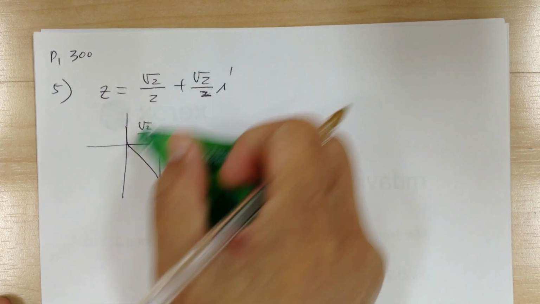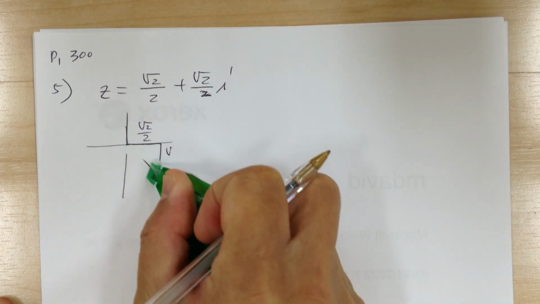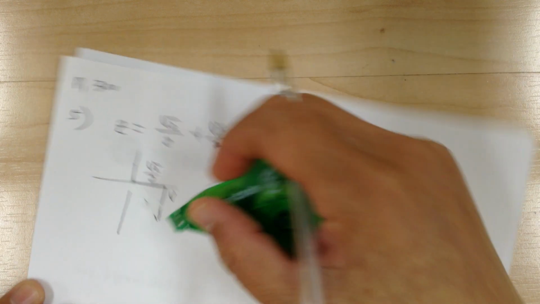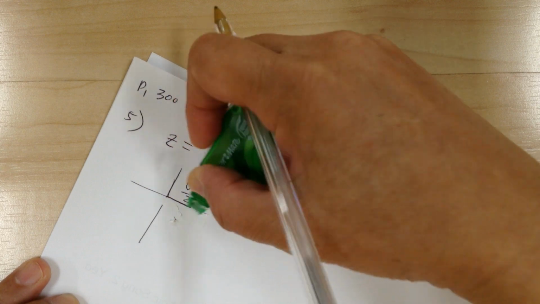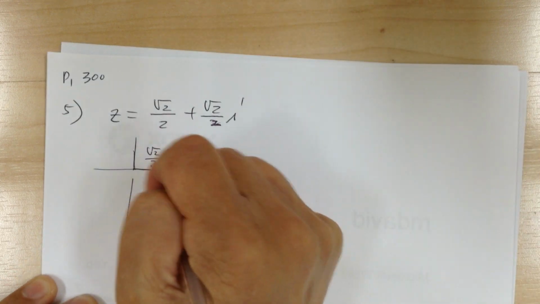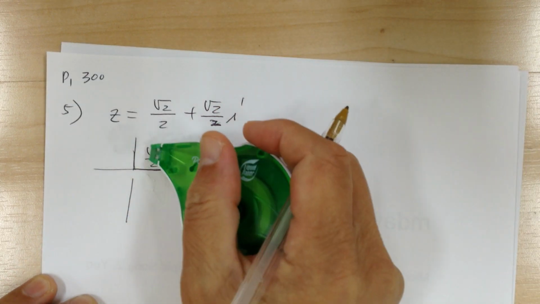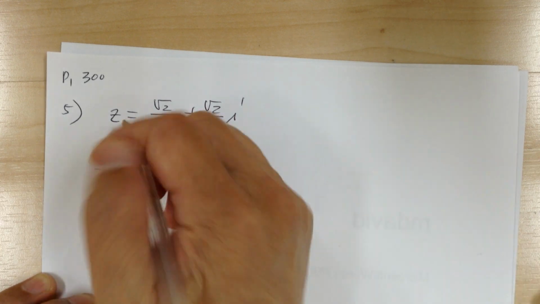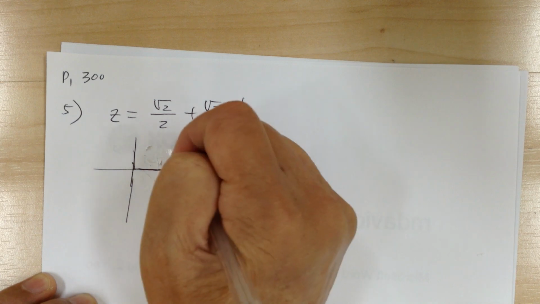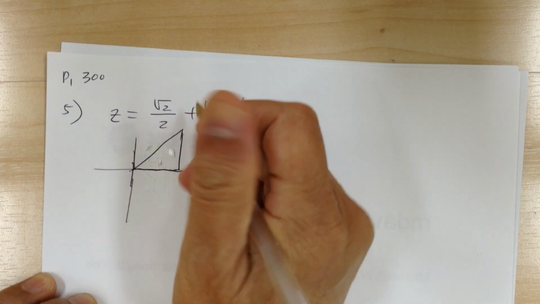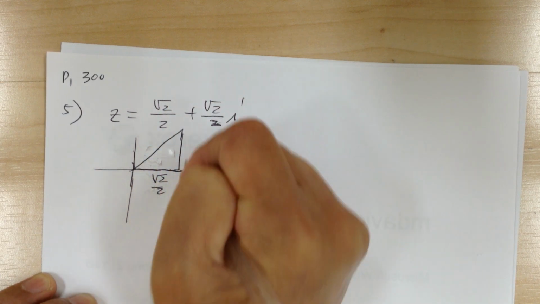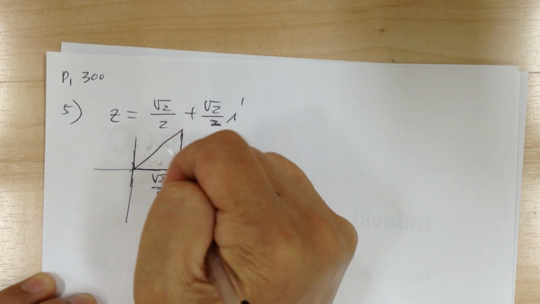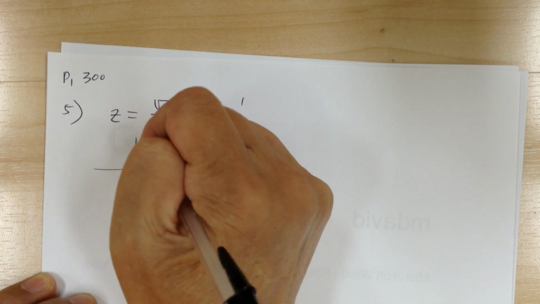This is a plus, so it has to go up. It's going to be a 45-45 special triangle. Again, you should recognize this is a 45-45-90 special triangle, so the hypotenuse would be 1.